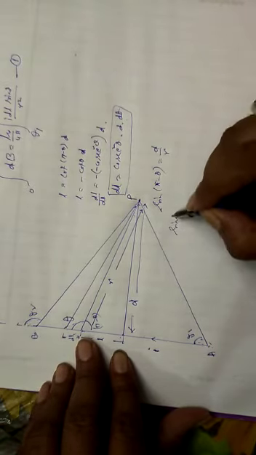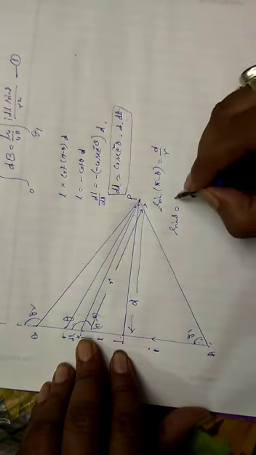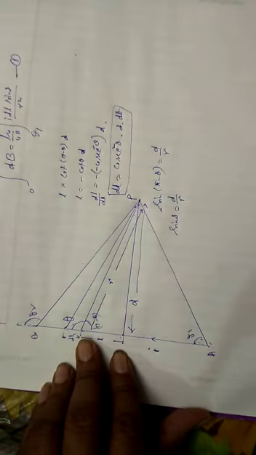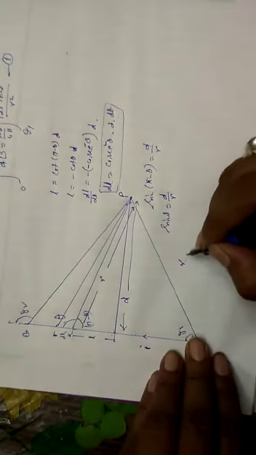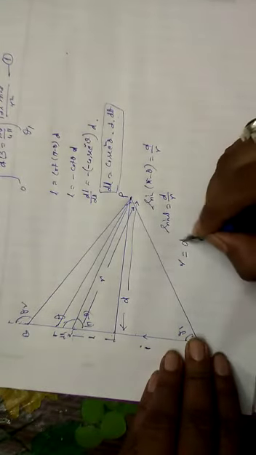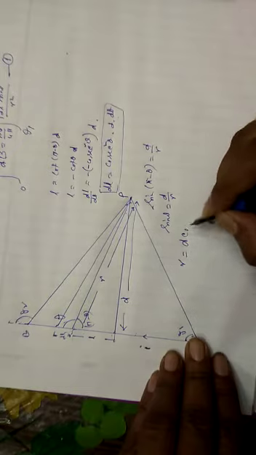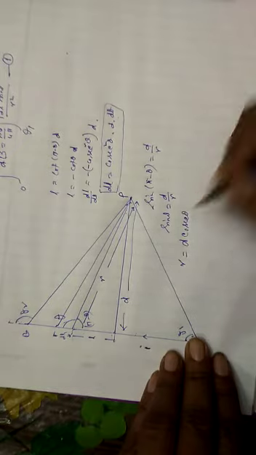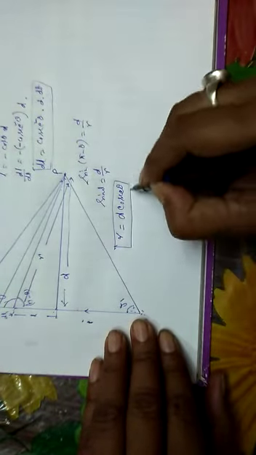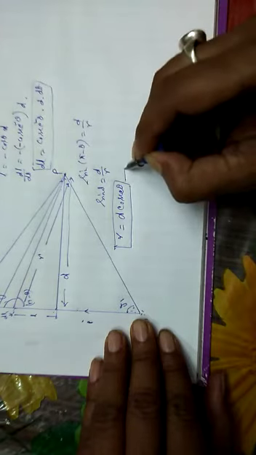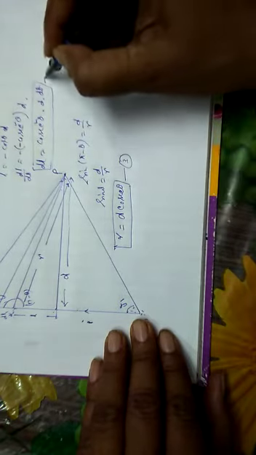So your sin theta is equal to d by r. Clear? So your r is equal to d by sin theta, that is d cosec theta. So now your r is also in terms of theta. So we will use these equations.